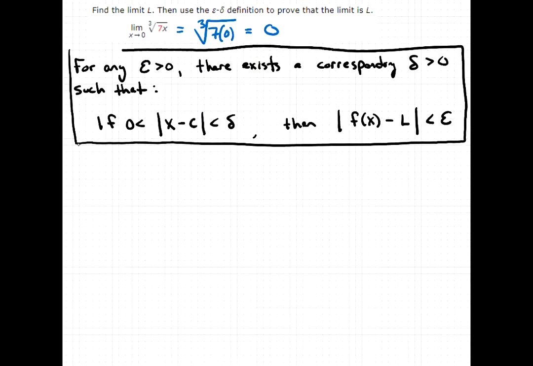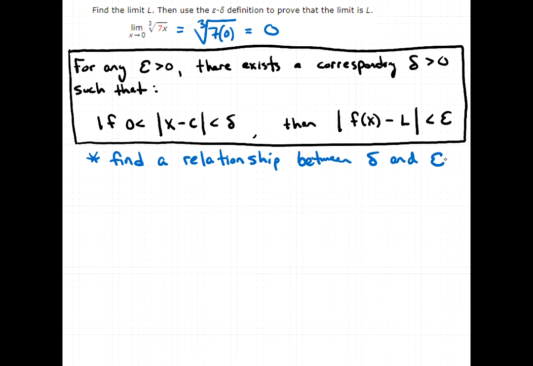Now we want to use this definition for the proof, which means we need to find a relationship between delta and epsilon. We're starting with epsilon, so it's for any epsilon greater than 0. First you pick epsilon, and then there exists a corresponding delta greater than 0.